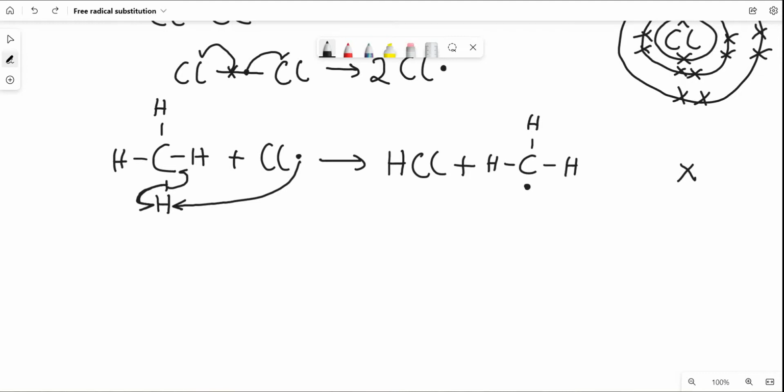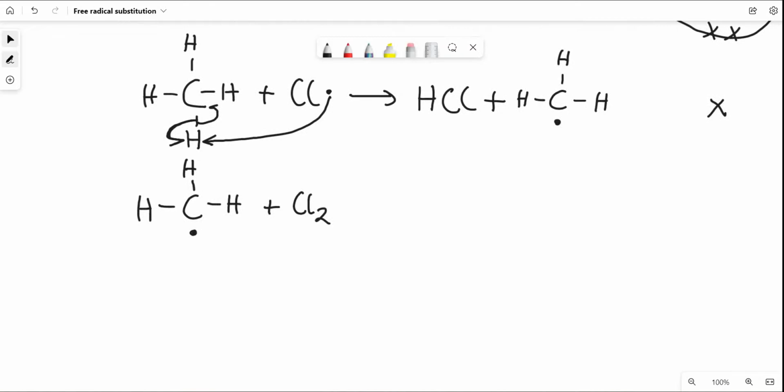And so this reacts with chlorine molecules this time. Let me draw it out. So this reacts with chlorine molecules in the mixture that we said earlier. And this would cause, let me rewrite this chlorine molecule like this.